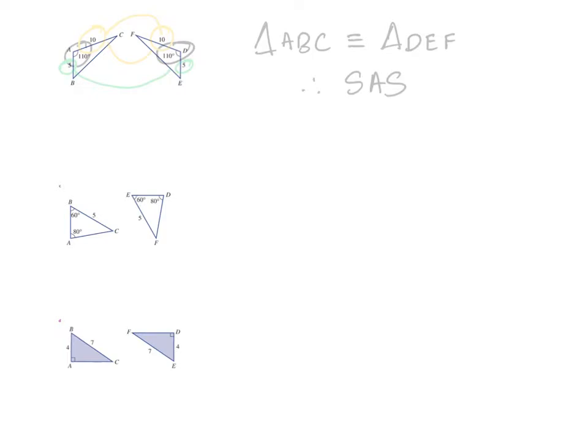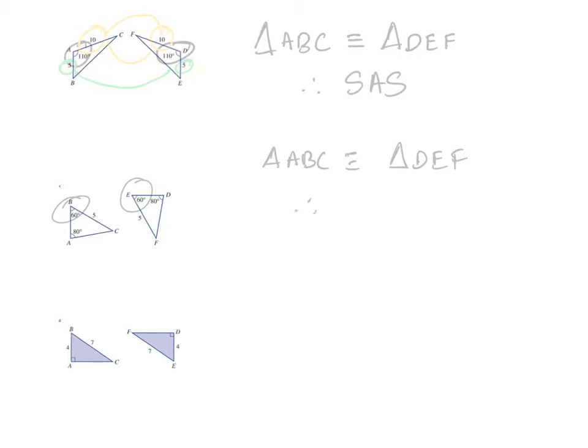So looking at the next one, we're going to start again with triangle A, B, C. And on angle A there, you've got 80 degrees. So where's your 80 degrees on the second triangle? It is at D. Okay, your 60 degrees is on B in your first triangle, and it's on E in your second. So D, E, F again for this one.